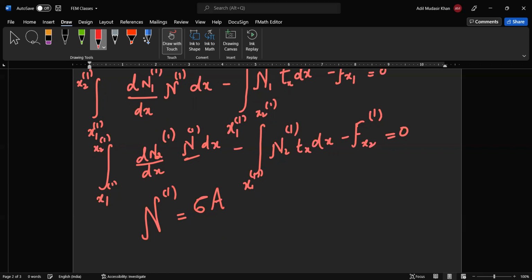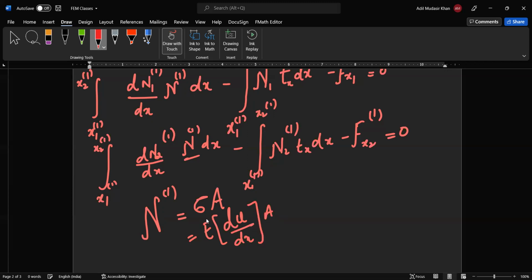This is how we represented it. We also stated that the relationship between stress and strain is stress equals Young's modulus times the strain, and strain is equal to du by dx.